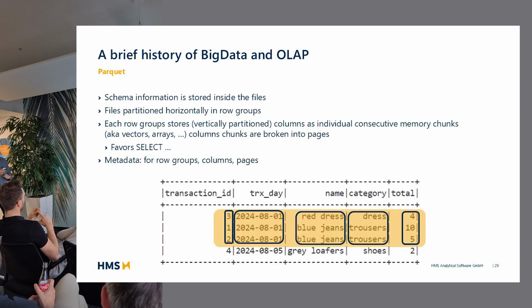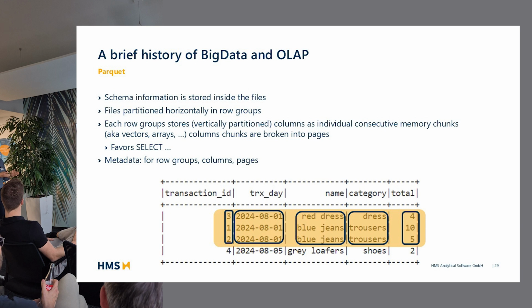Apache Spark organizes files into so-called row groups, and each row group is then organized as a series of arrays or chunks that represent each column separately.